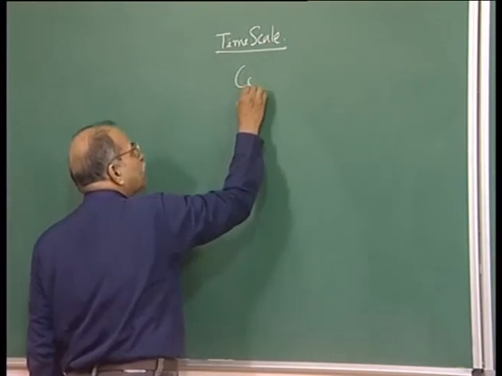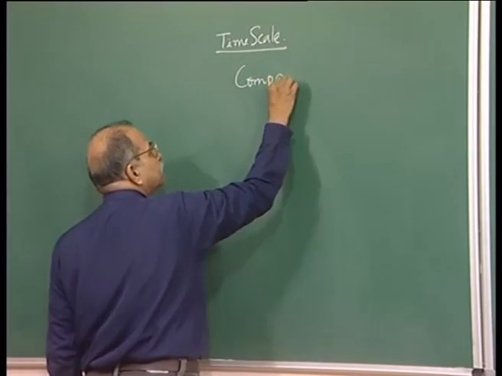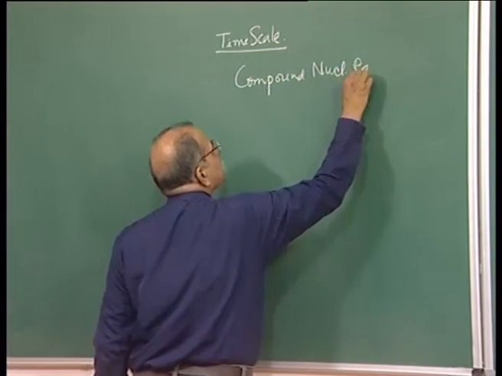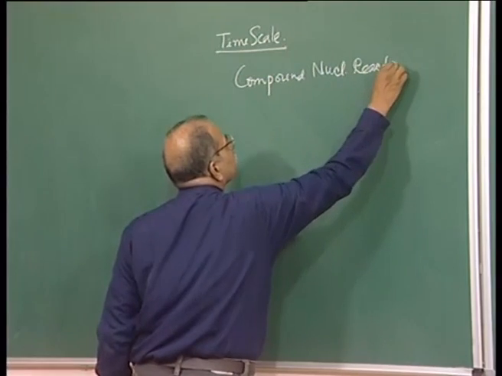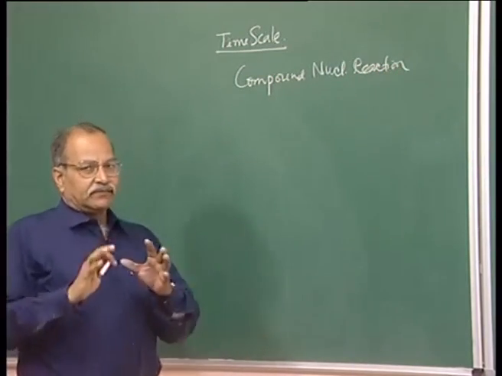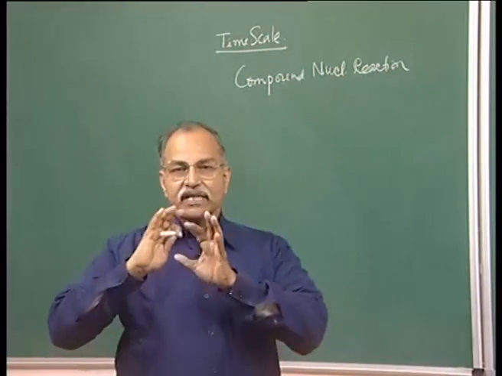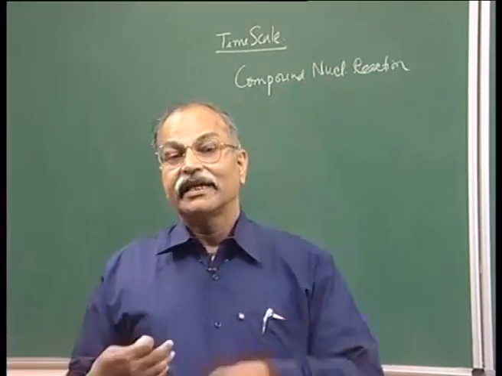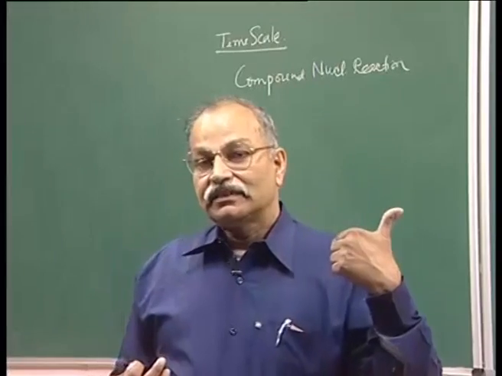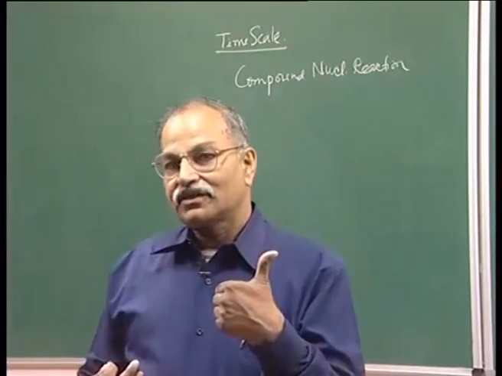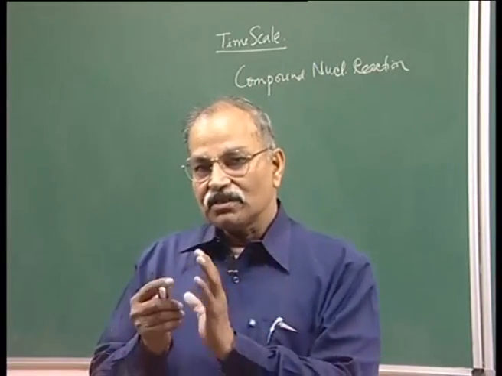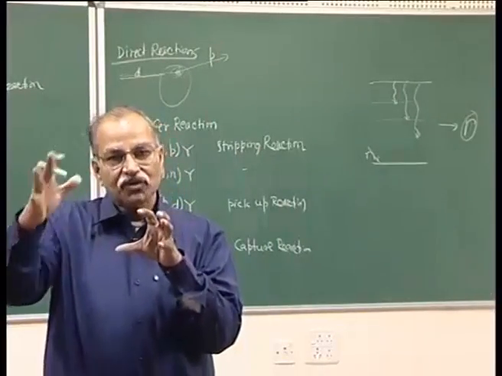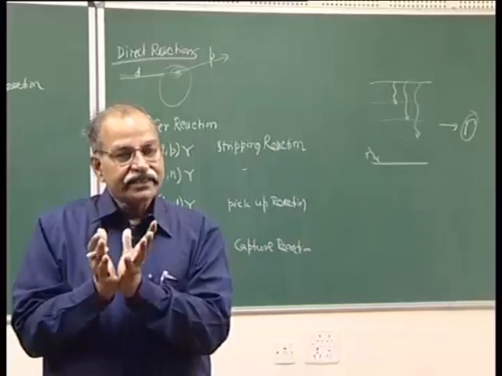For a compound nucleus reaction, the time needed for the reaction to complete is much larger than for a direct reaction. Why? This is because the energy has to be equilibrated among all the nucleons, and this takes time.